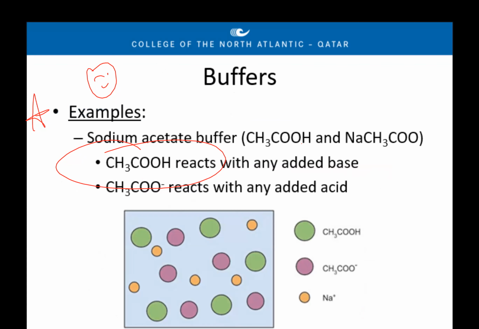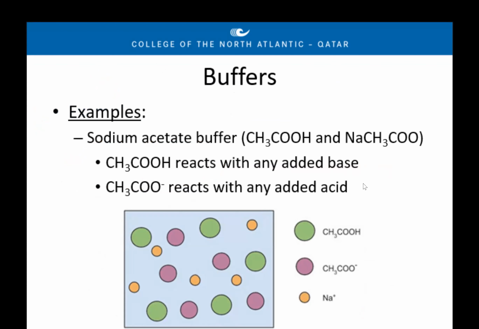So that's what a buffer does, and they're all in your body right now. So an example of this is a sodium acetate buffer, where you could take sodium acetate. This is the first chemical here. And you could take acetic acid and sodium acetate, and it basically neutralizes pH changes.